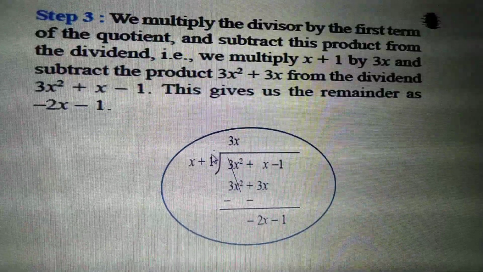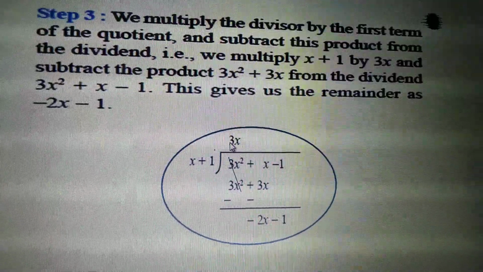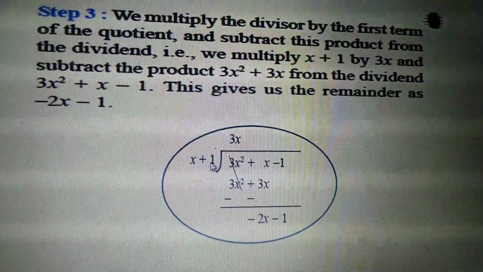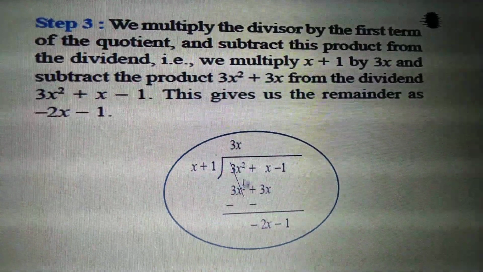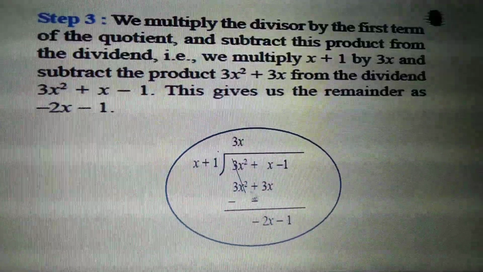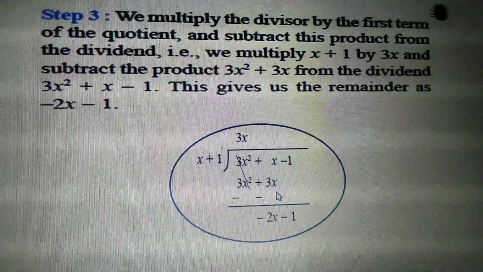So with the divisor, we should multiply the first term of the quotient. So x plus 1 into 3x, that is x into 3x, 3x squared, plus 1 into 3x, 3x.